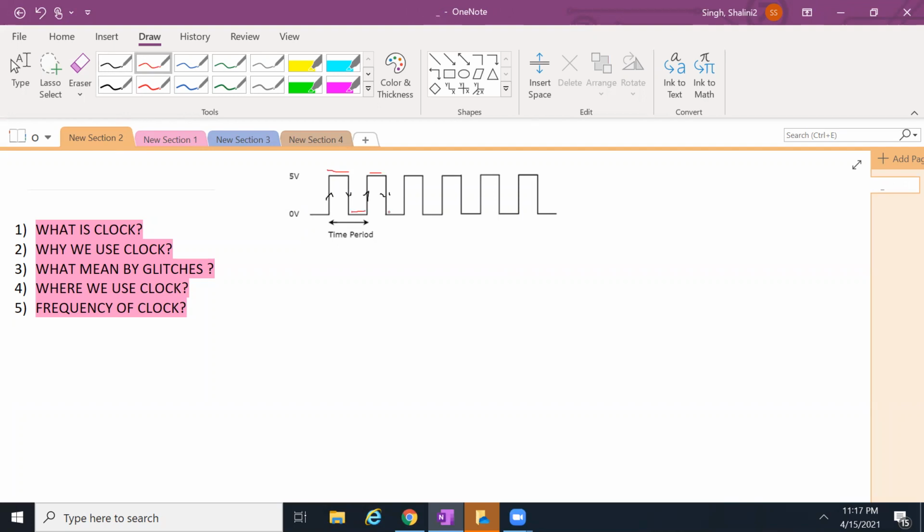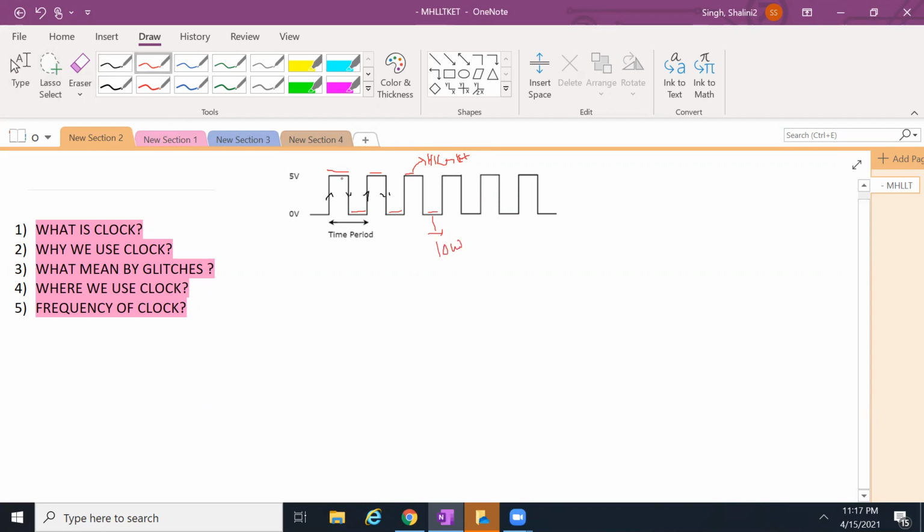Okay, so this we call the high level, active high, and the one below we call the low level, active low level.